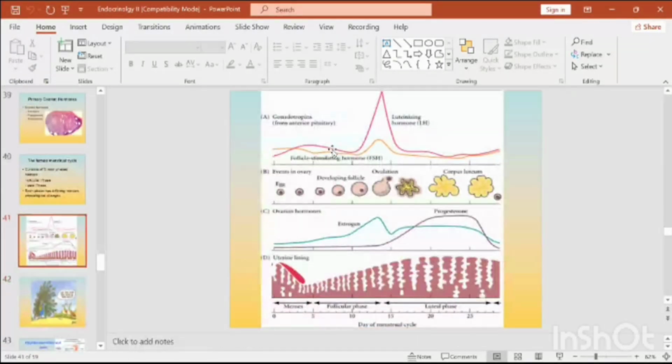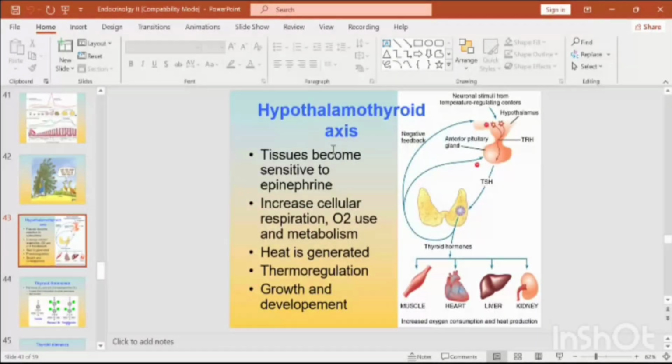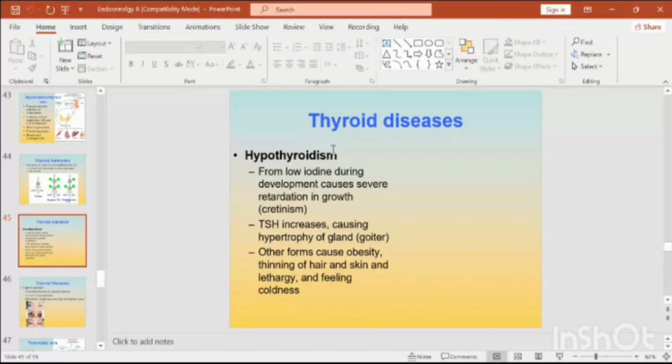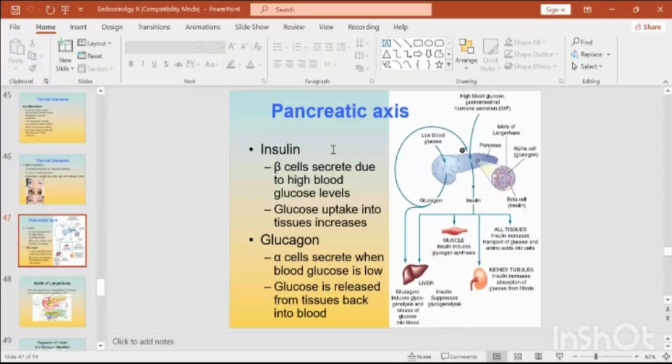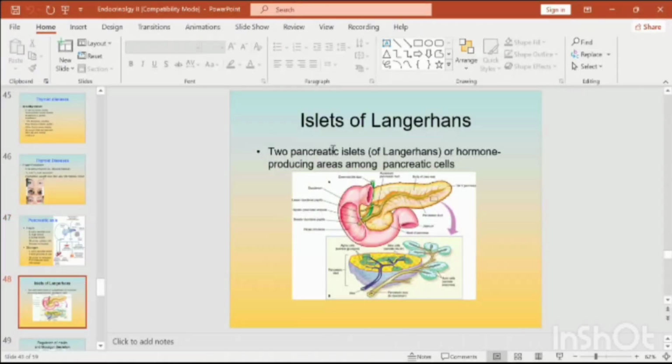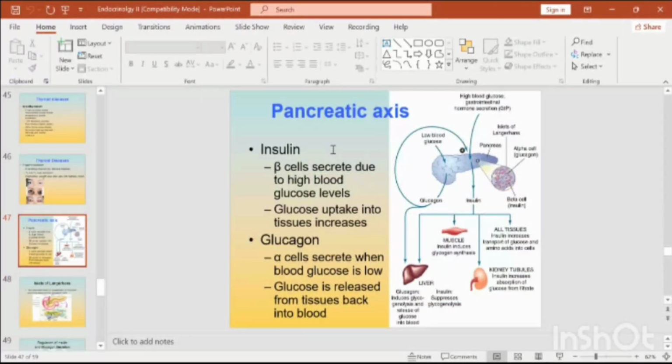So that was an introduction into the hormones in the body, how we classify them. We have the two modalities based on where the receptors are located. And we also talked about the messenger system or the secondary messenger system.